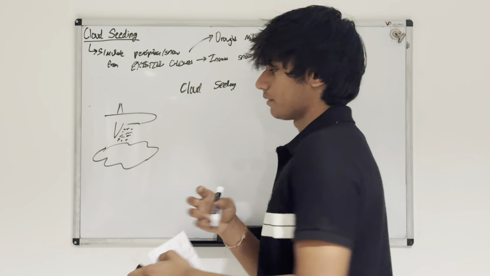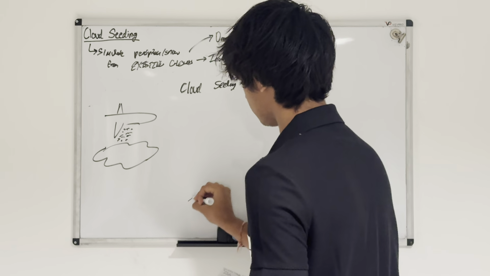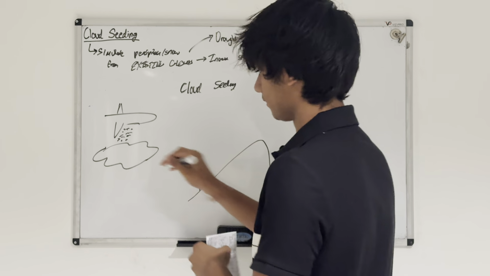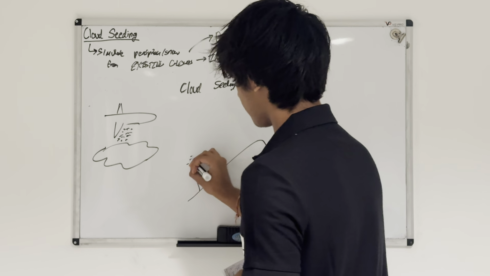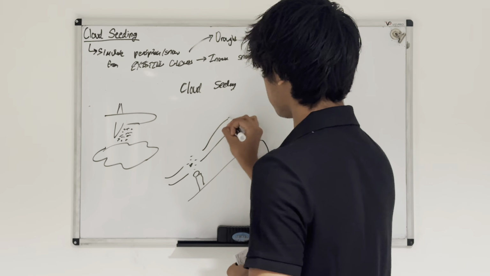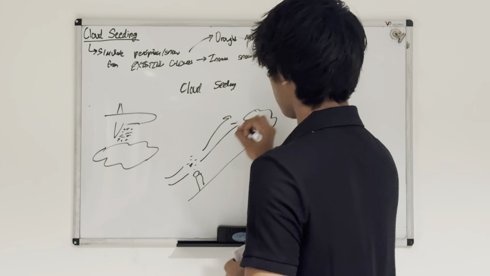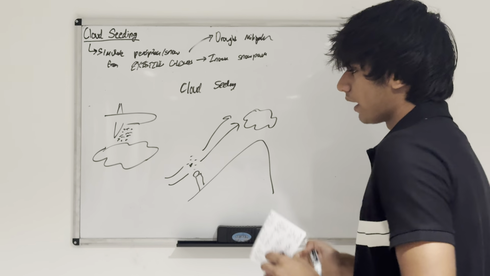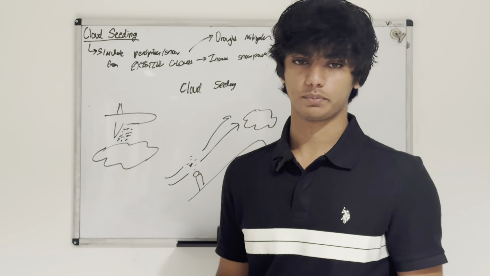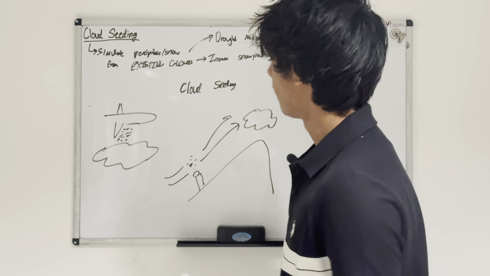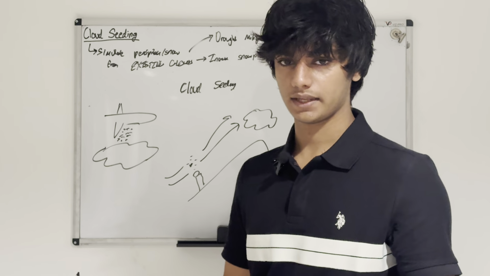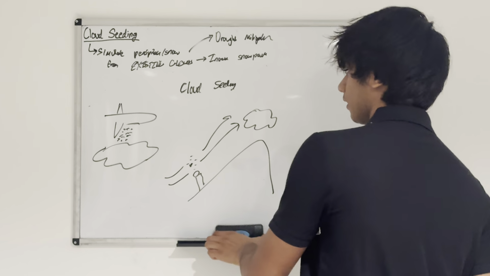Or if you're in a mountainous region, they also use cannons. These cannons shoot out the material, and the idea is the wind on the mountains takes it up to the clouds, and the clouds get seeded like that. There's also new emerging technology where people are using drones to seed clouds, but that's mostly not done. The main way we seed clouds is through planes that release the material into the clouds.